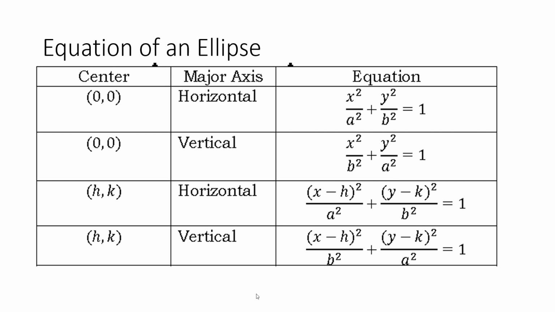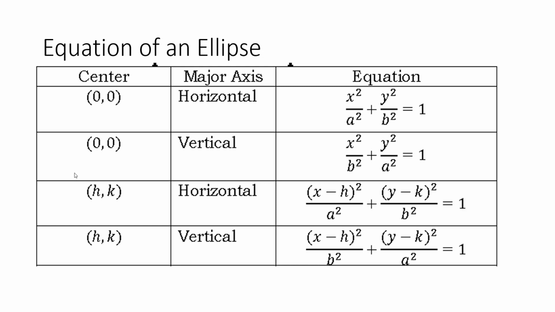Now, if the center of the ellipse is not in the origin, let's say it has the coordinates of hk, and the major axis is horizontal, then we could have the standard equation of the ellipse: the squared quantity of x minus h over a squared plus the squared quantity of y minus k over b squared equals 1.